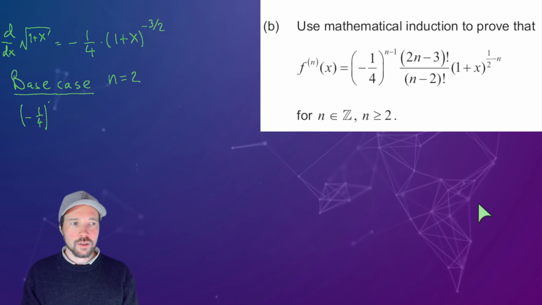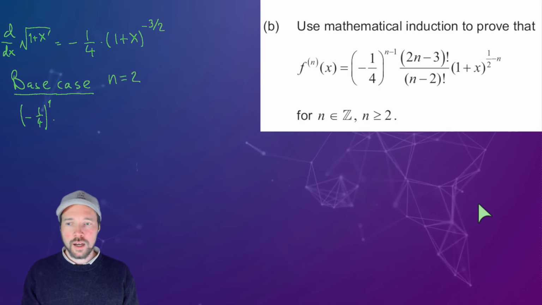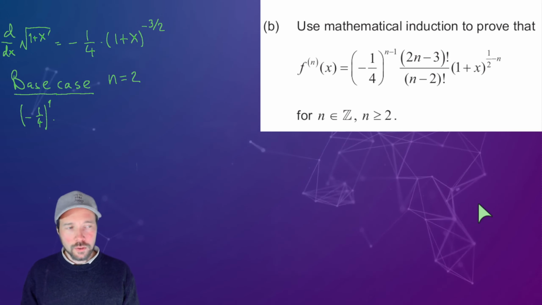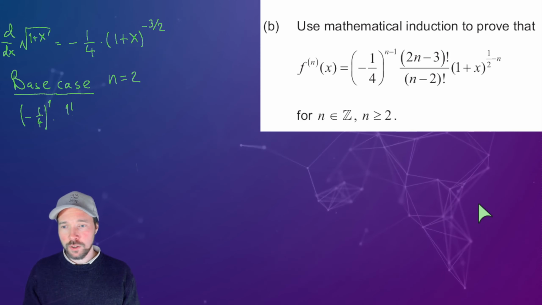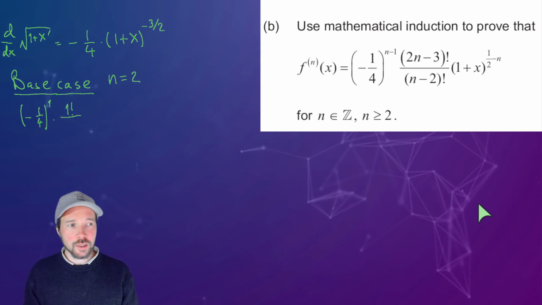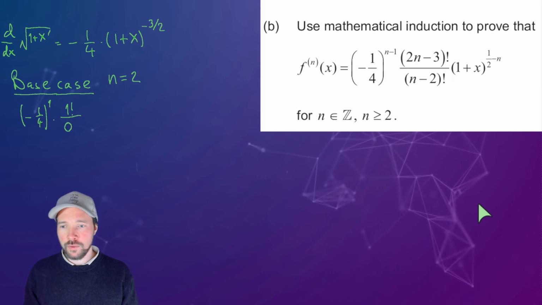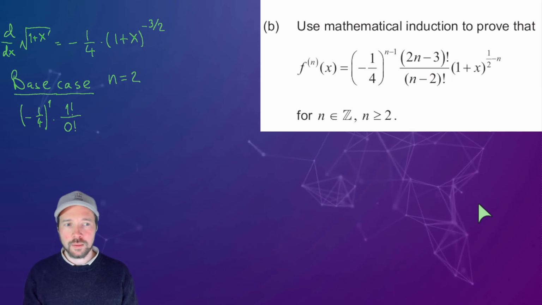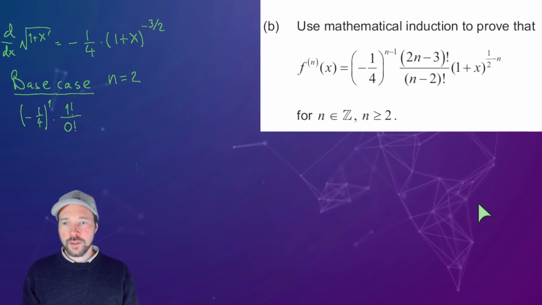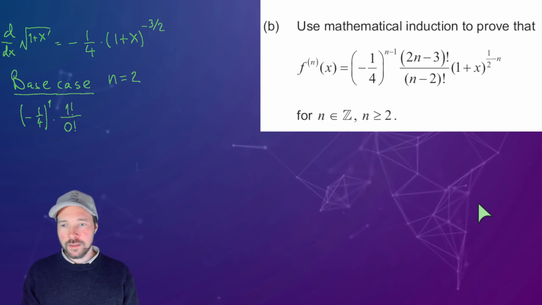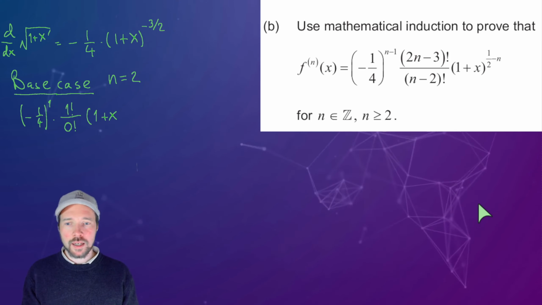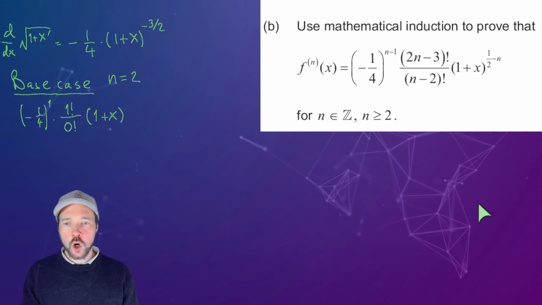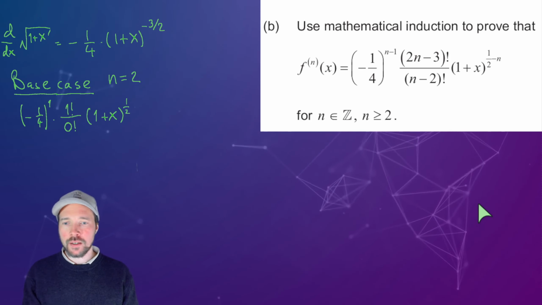So then this is just 1, so it's nothing, times 2 times (2 times 2 minus 3), 4 minus 3, that's 1 factorial, divided by (n minus 2), 2 minus 2, 0 factorial. Let's not be intimidated by 0 factorial just yet. Times (1 plus x) to the power of half minus 2.